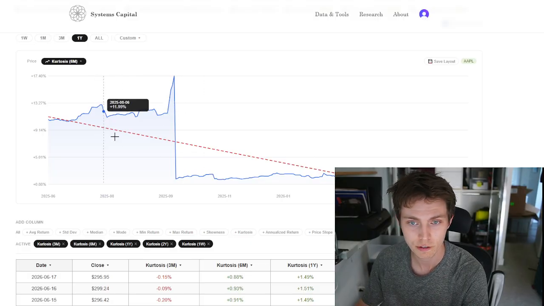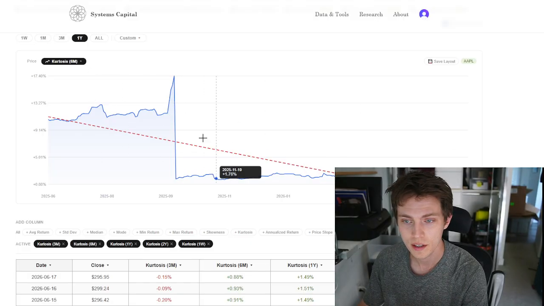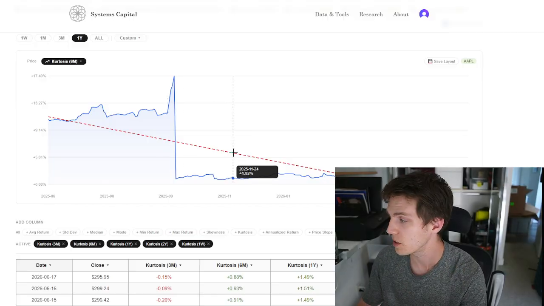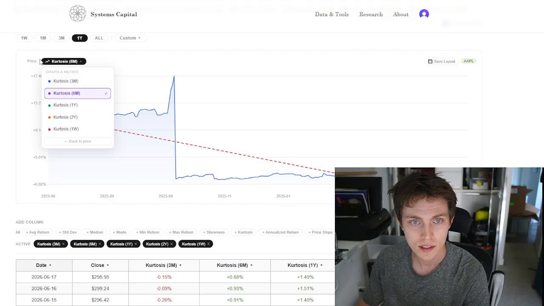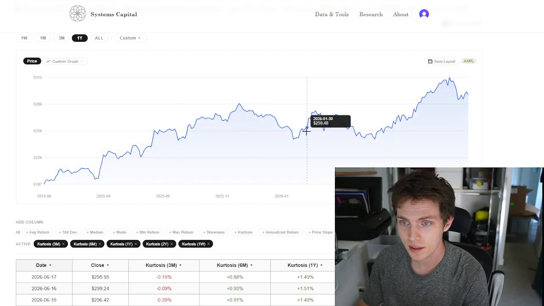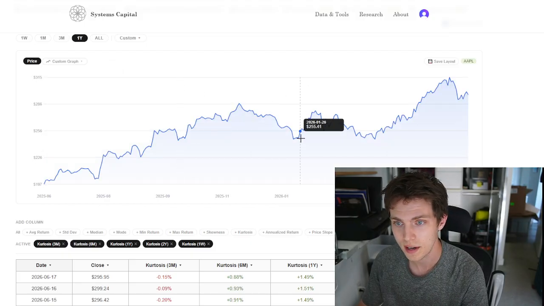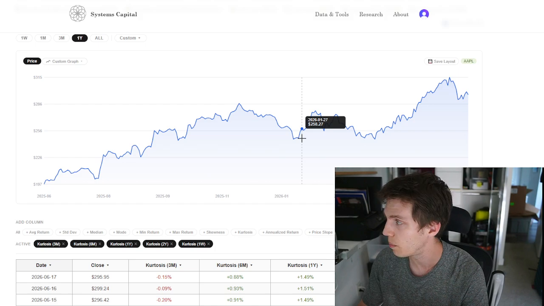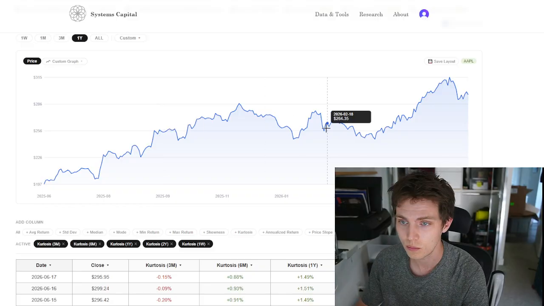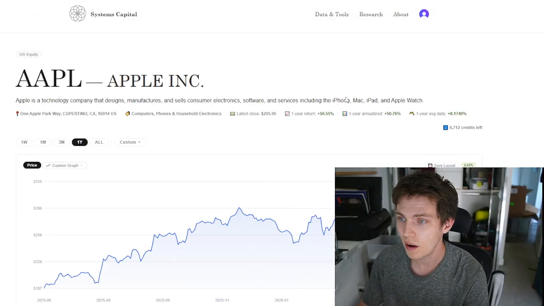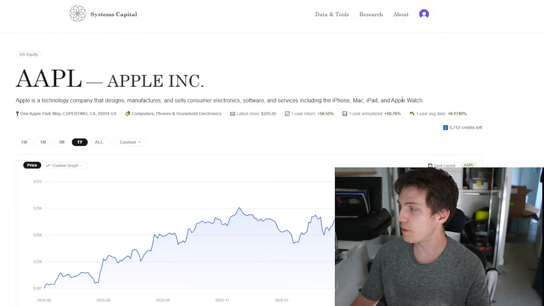And that's actually kind of what we're seeing with Apple, is that their one day returns are not really swinging too high. And between any two data points, it's not super steep, relatively speaking.